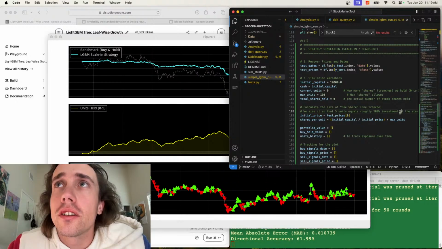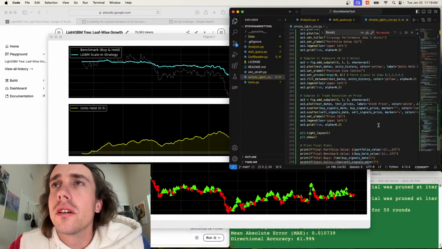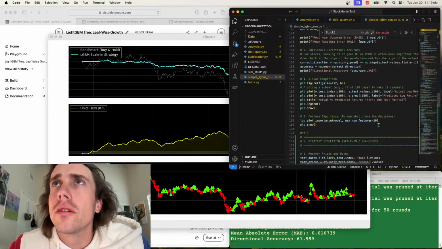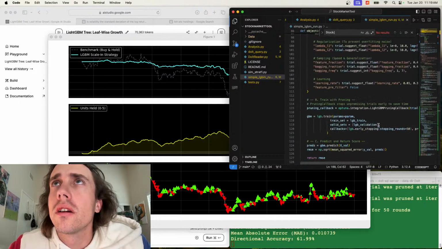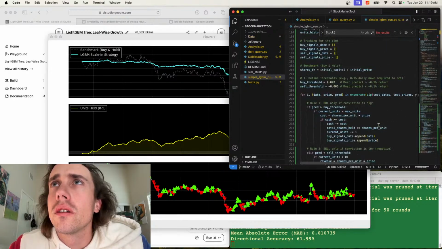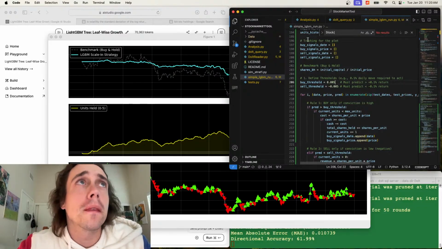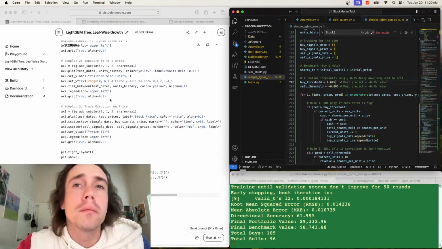But that would naturally happen because our buy threshold is lower than the sell threshold. So let's increase the buy threshold so that they're symmetric.